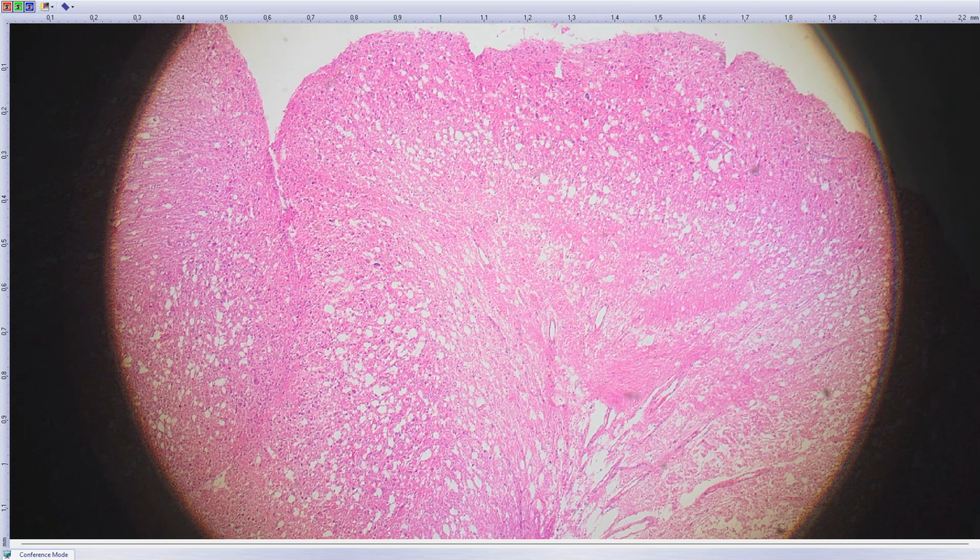tumor or lesion type. And this was about a 50-year-old female with some non-specific clinical findings.